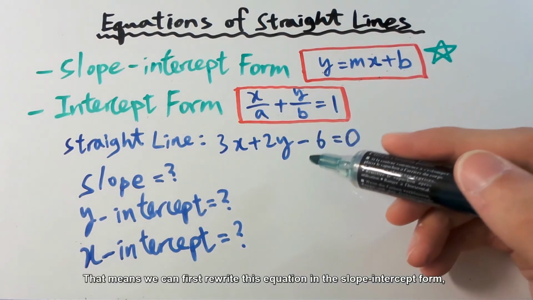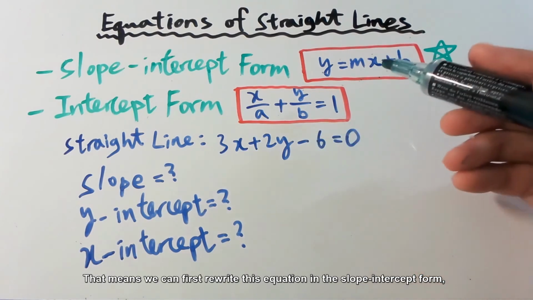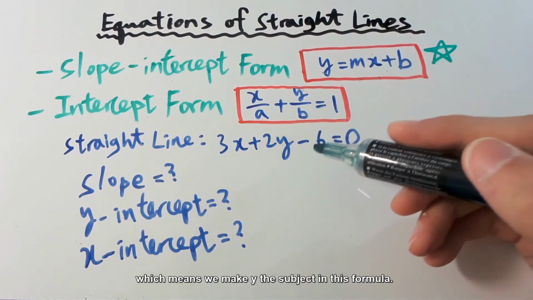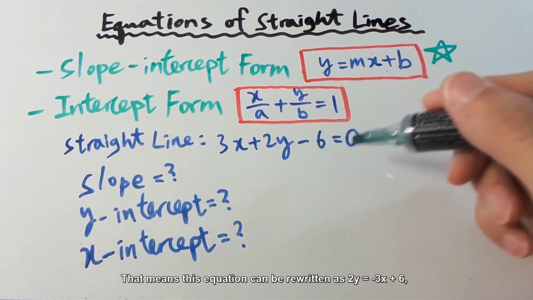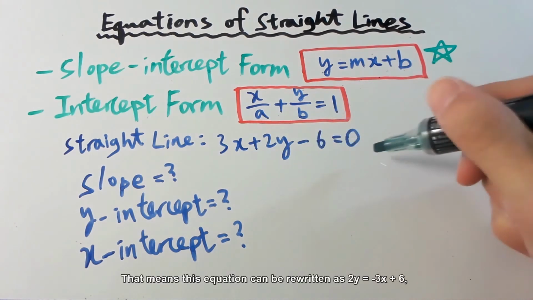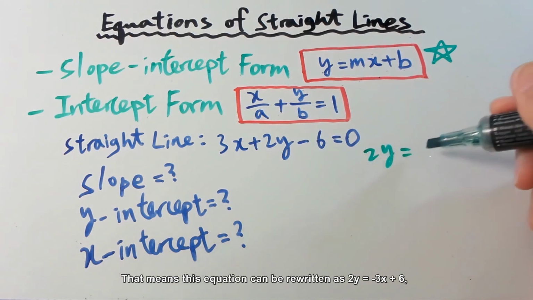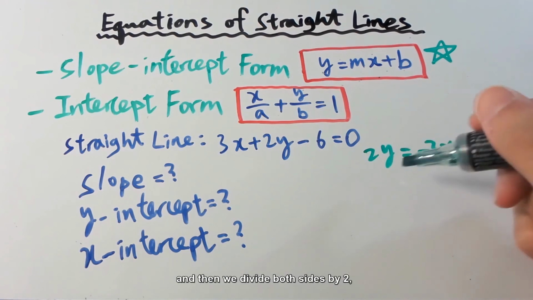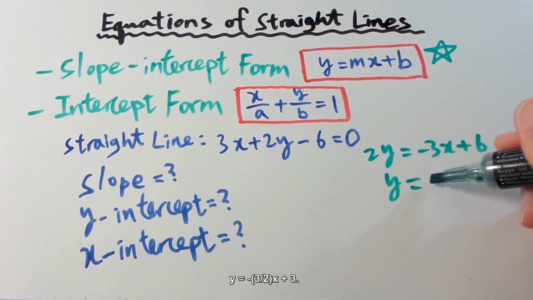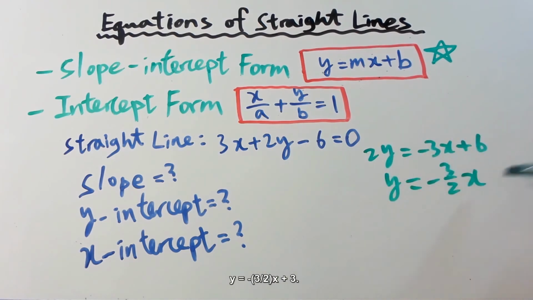That means we can first rewrite this equation in the slope-intercept form, which means we make y the subject in this formula. That means this equation can be rewritten as 2y equals minus 3x plus 6. And then we divide both sides by 2. y equals minus 3 over 2 times x plus 3.